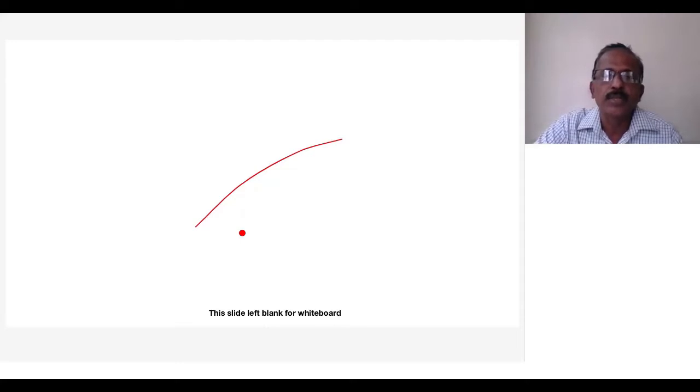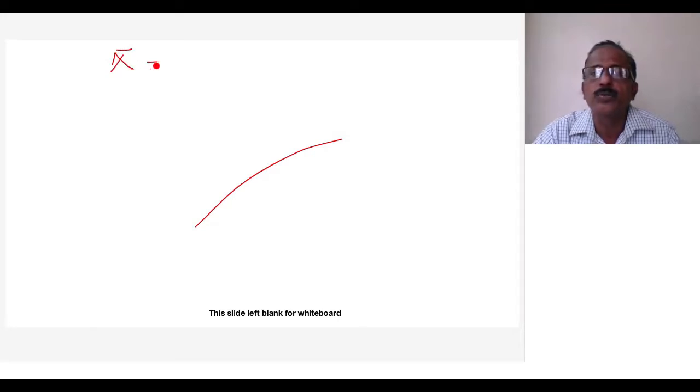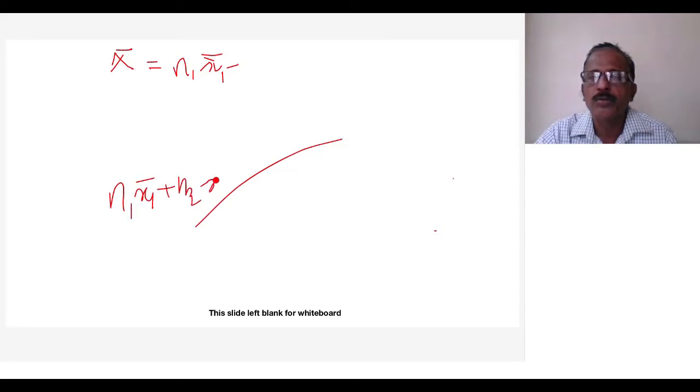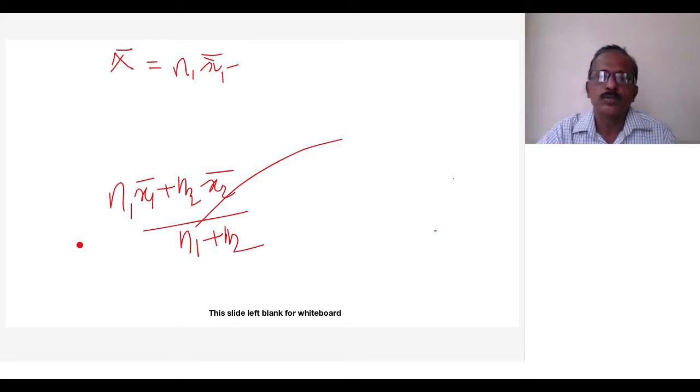Here we apply the formula for the combined arithmetic mean.